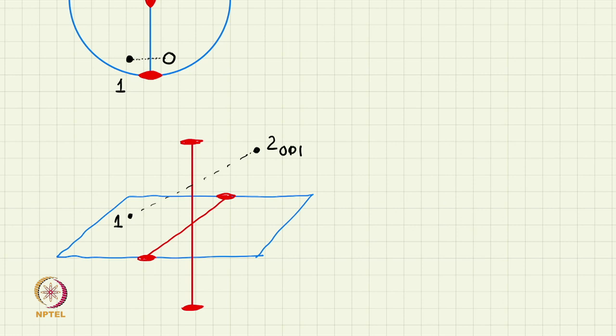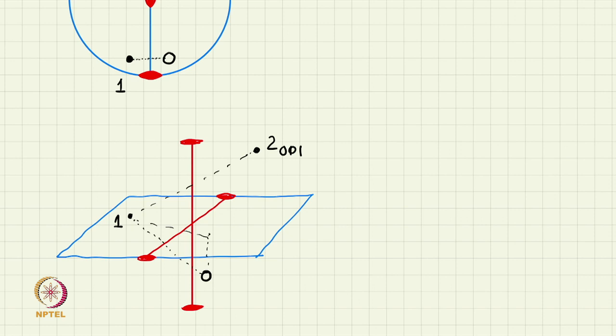But if you apply the horizontal 2-fold on this, you can see that the 180 degree rotation will take it below the axis and will go there. In the stereographic projection, it will come somewhere there on the other side of the 2-fold axis.